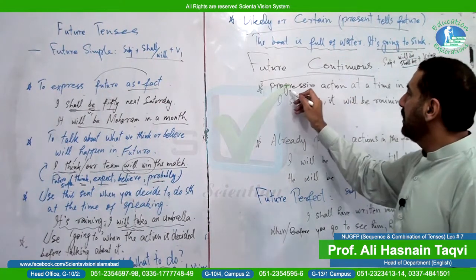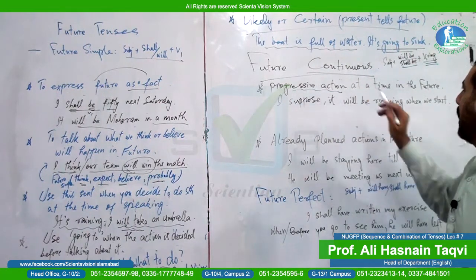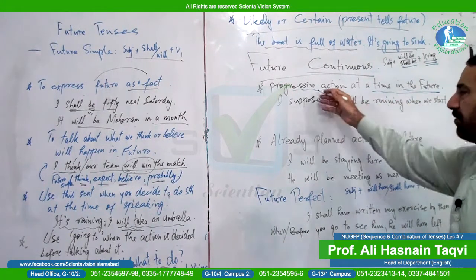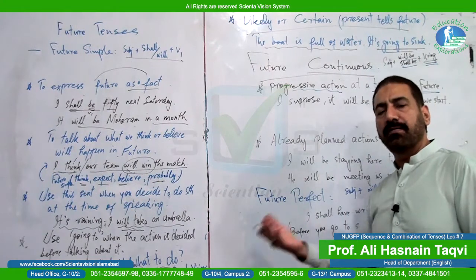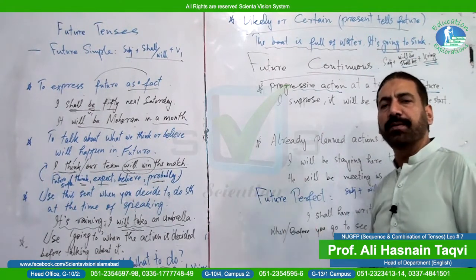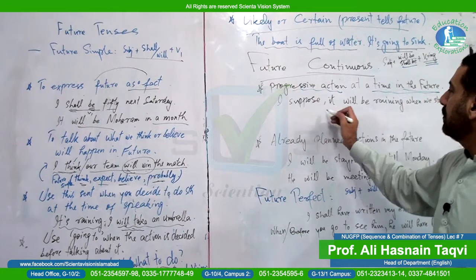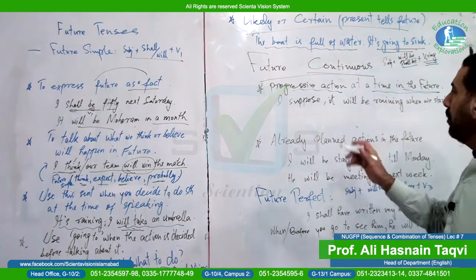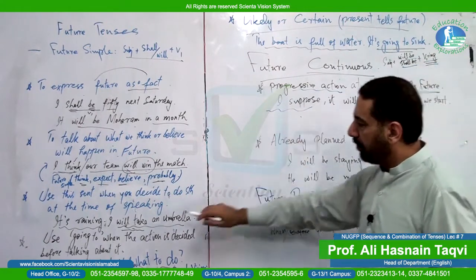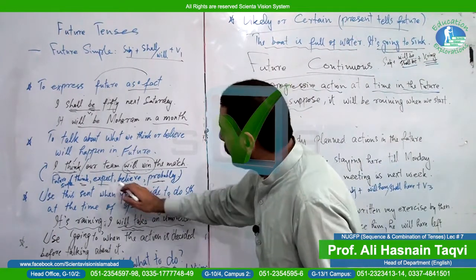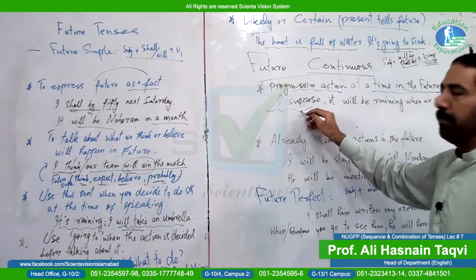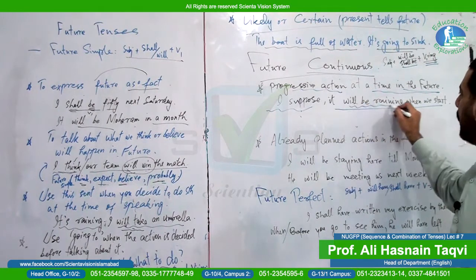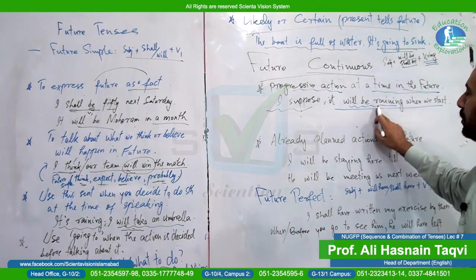This future continuous is for progressive action, and that has to relate to future time. Otherwise progressive action is discussed in continuous tense of present maybe. But in this case, when you are thinking about future and some action at that time going on, like I suppose, by virtue of these words that I gave you here, you have to use present simple here. Now the next clause is implying the rules of future continuous.